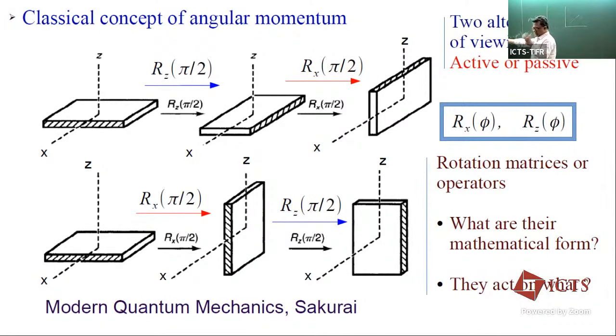Here we have seen that it is an equivalent description whether the particle itself is rotating or you rotate the frame of reference. So angular momentum arises due to the frame transformation from one frame to another frame.